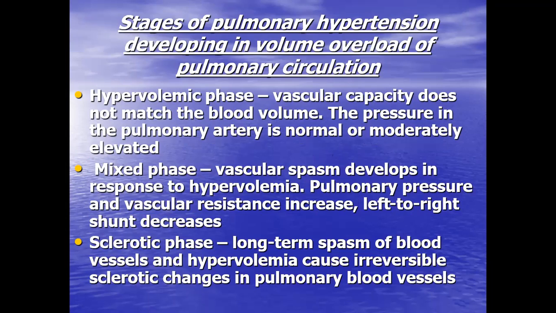And there are three stages of pulmonary hypertension. The first stage is the hypovolemic phase, when the vascular capacity does not match the blood volume. And in this case, the pressure in pulmonary artery is normal or moderately elevated.